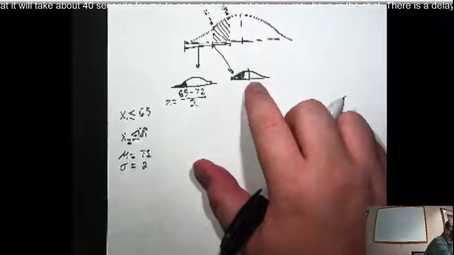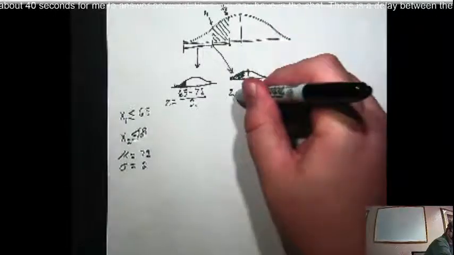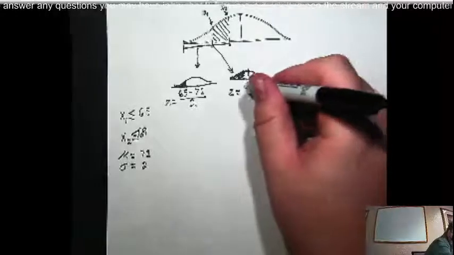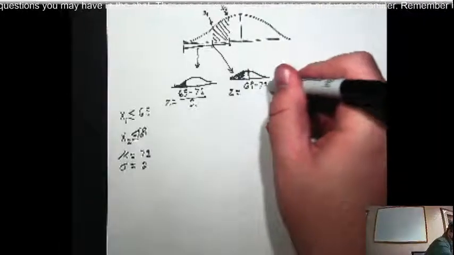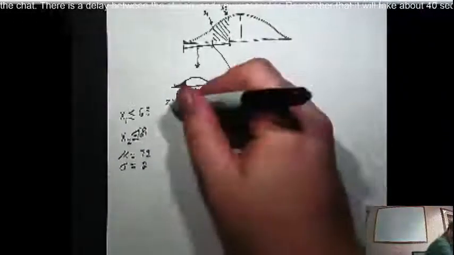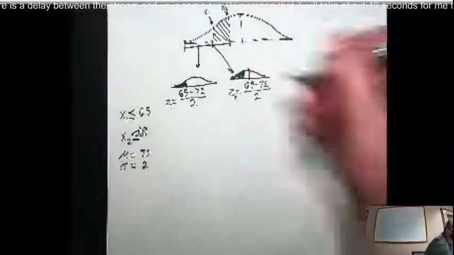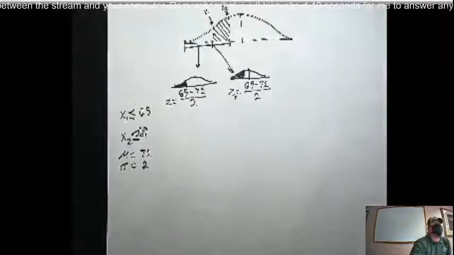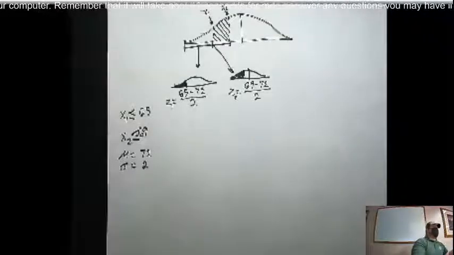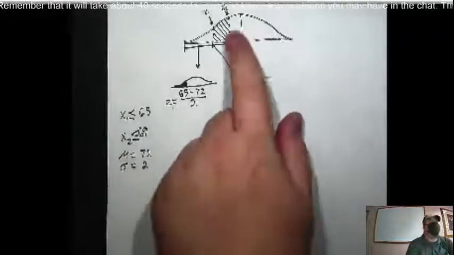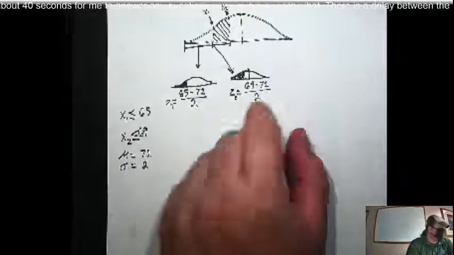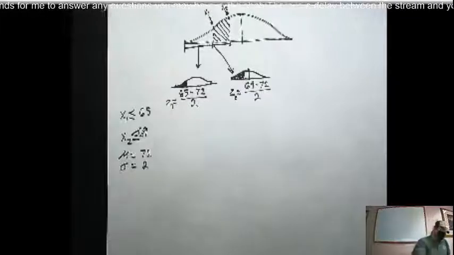This one, x2, is z equals 69 minus 72 all over 2. Let's call these z1 and z2. Again, these will both calculate below. If we want it to calculate this side, we're going to have to flip it by subtracting this from 1, right?